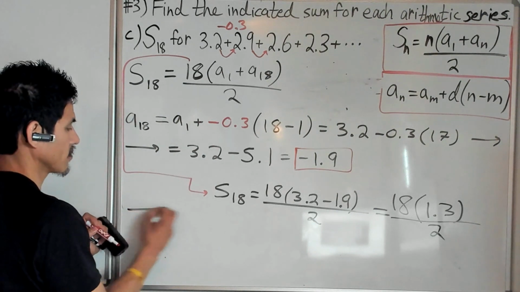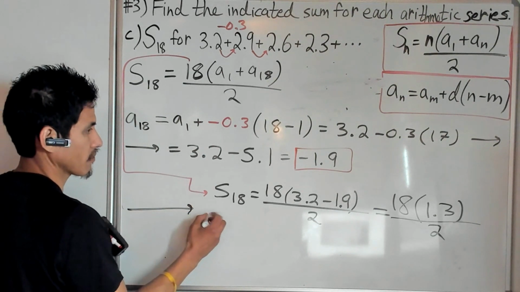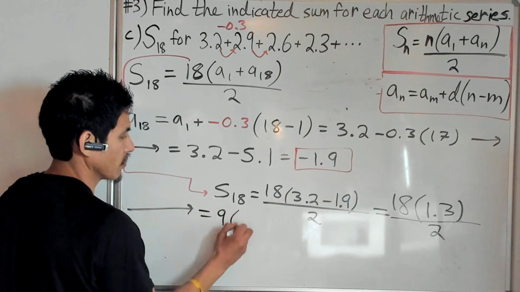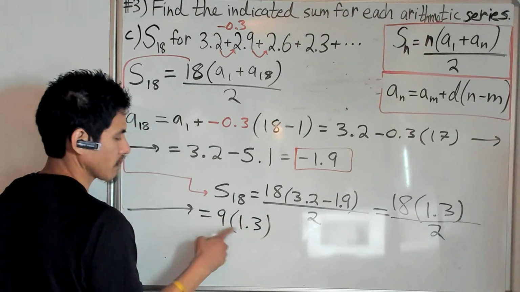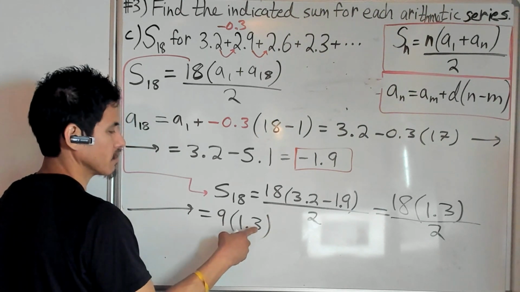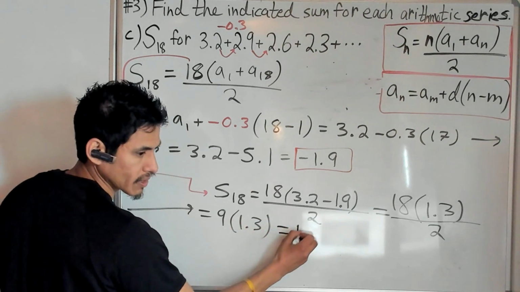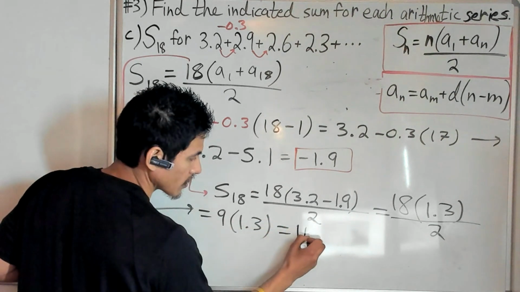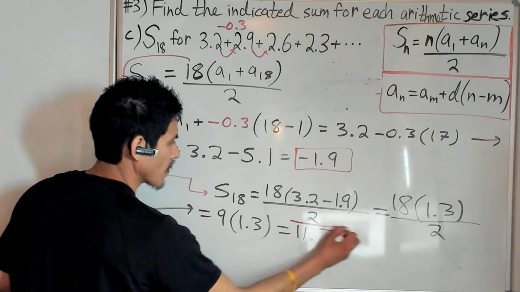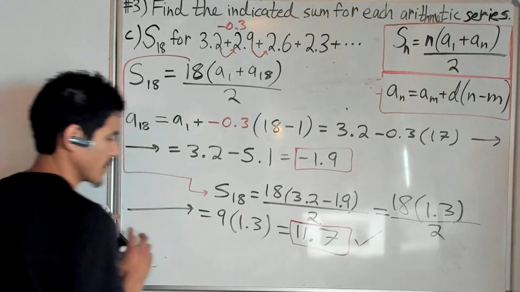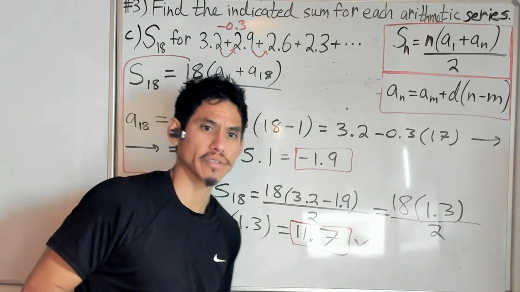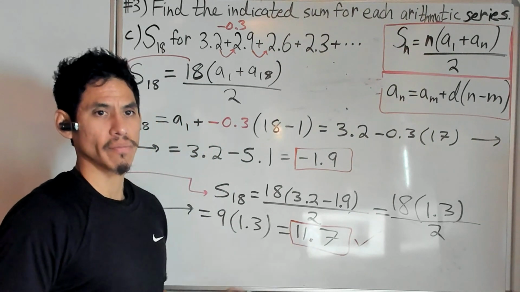And making sure we know our algebra and order of operations, this will be 9 times 1.3, which will be 9 plus 2.7, so 11.7. There you go. Sorry about the glare. Should have fixed that. 11.7.